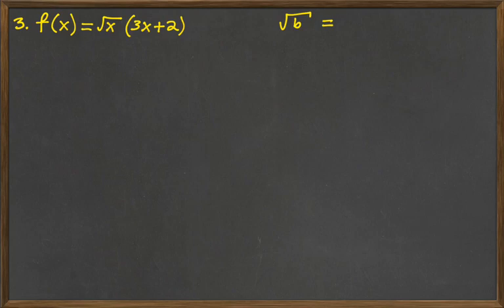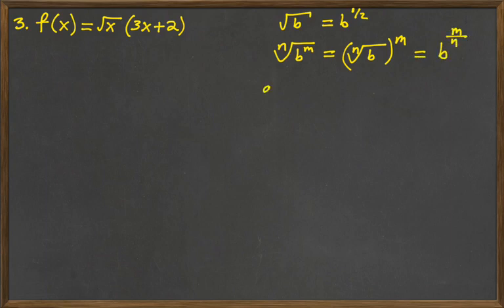So the square root of b, the rational notation is b to the 1/2 power. In general, if you have the nth root of b to the m, you can slide that m out, applying to the entire radical using properties of exponents, and then as a rational exponent, that is b to the m over n.